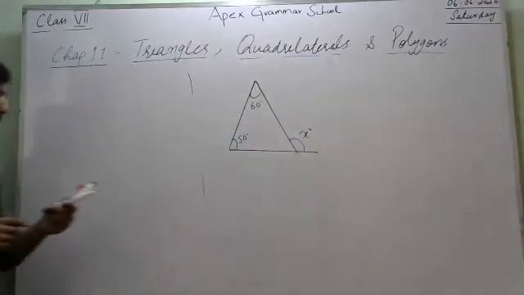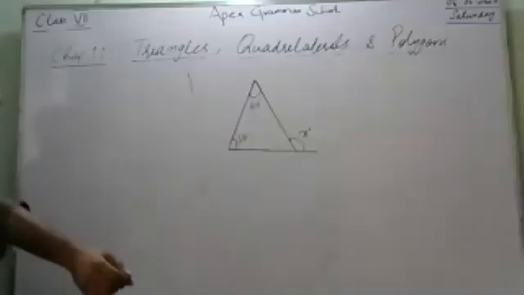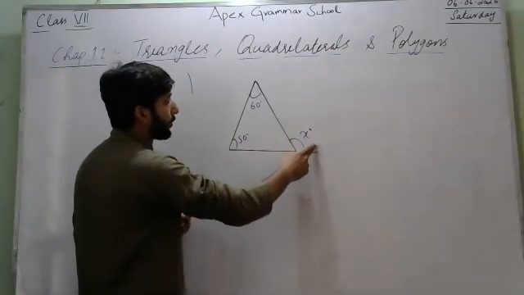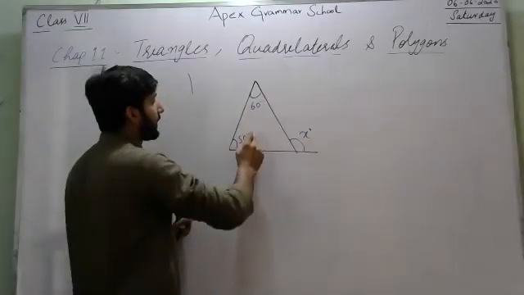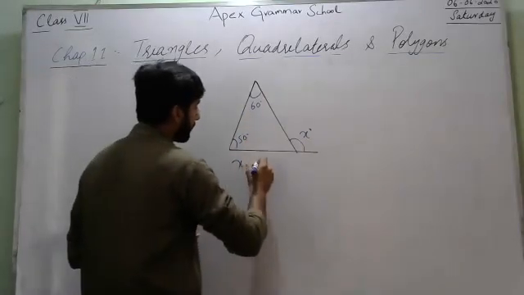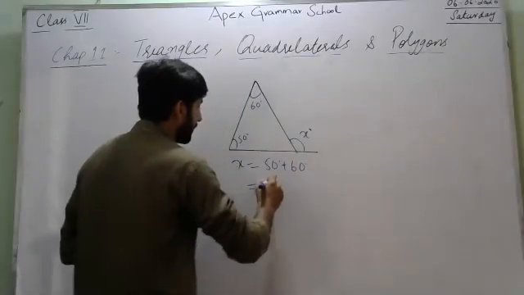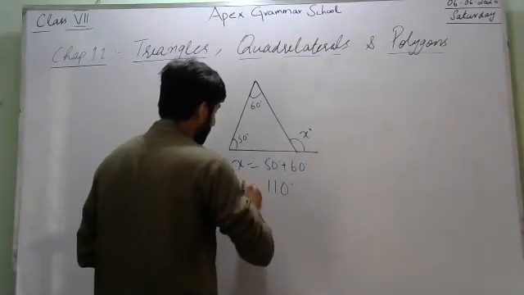We have to find the exterior angle X. According to the statement, an exterior angle is equal to the sum of its opposite interior angles. So X equals 50 plus 60 degrees, which is 110 degrees.